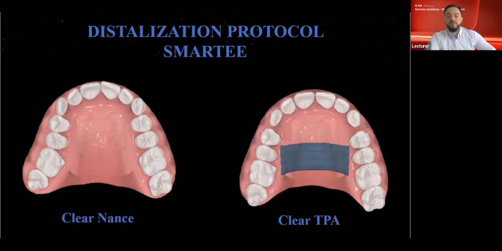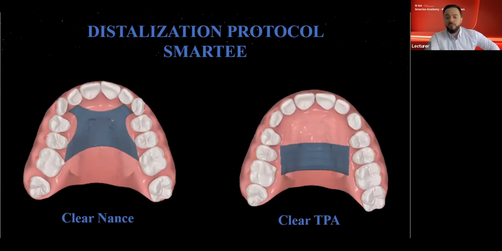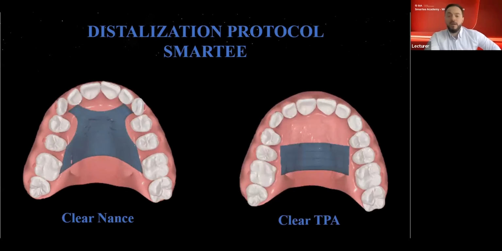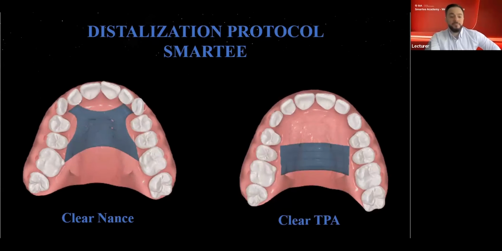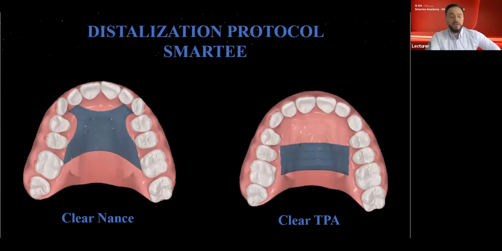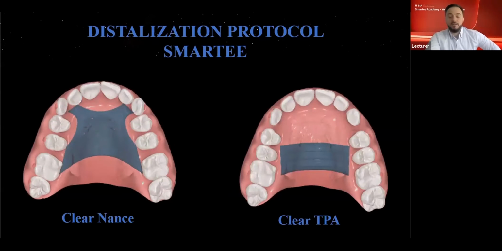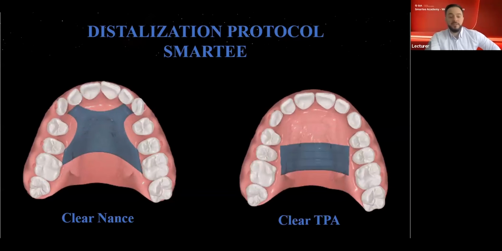And after we finish the distal movement of the molars and we start retracting the anteriors, we can apply the clear TPA. So these solutions are unique, and by utilizing them, we can ensure that the distalization will go very smoothly and very predictably.